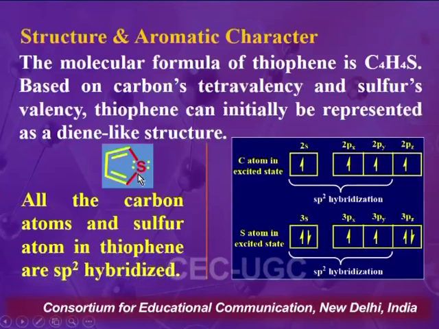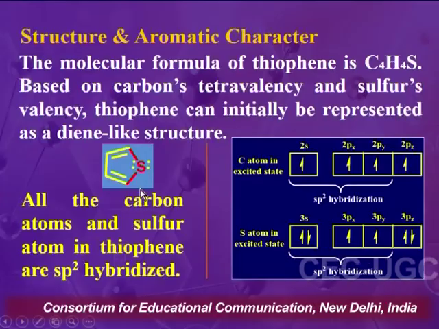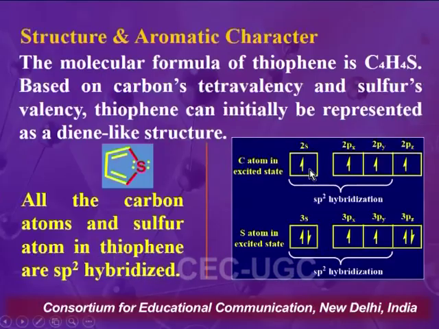So for that we have to consider the electronic configuration of atoms in this molecule, and the atoms are carbon and sulfur. So the electronic configuration of carbon atom in the excited state will be like that. There will be one electron in the 2s orbital and one electron in 2px orbital, one electron in 2py orbital and one electron in 2pz orbital.